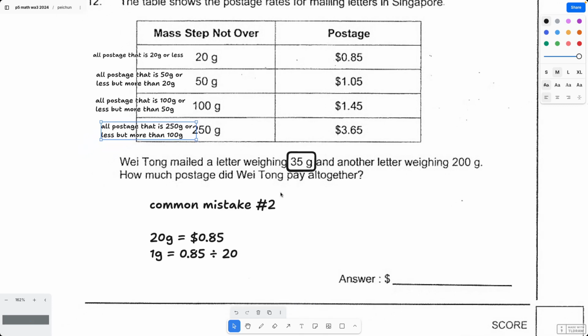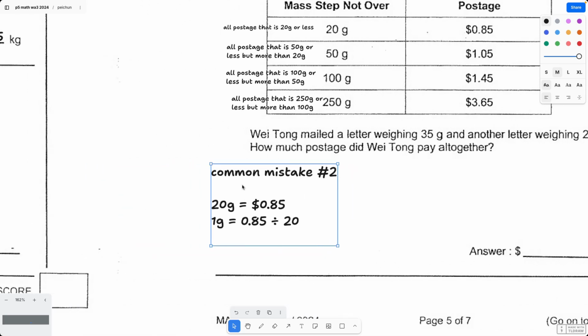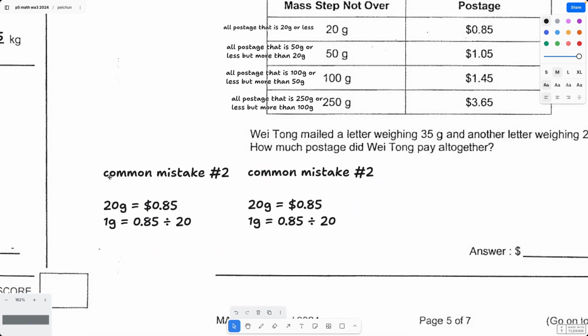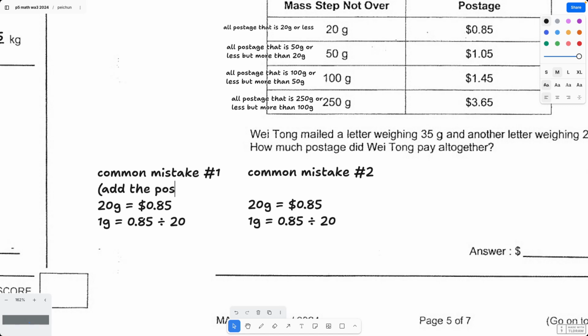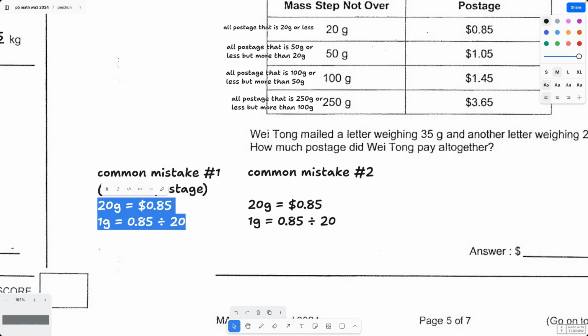Now in this case, knowing this, I'm just going to put common mistake 1, common mistake number 2, which is add the postage. So 35 grams plus 200 grams.